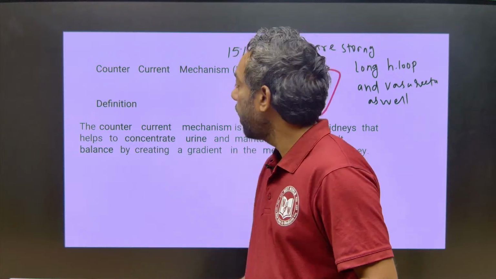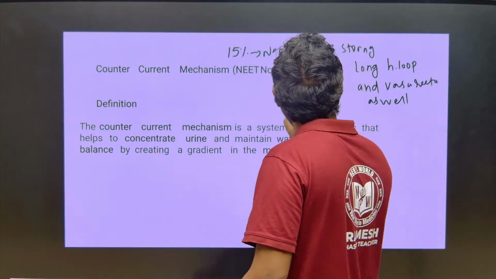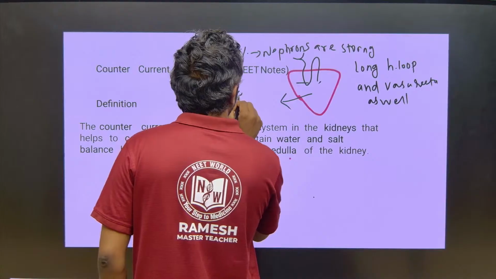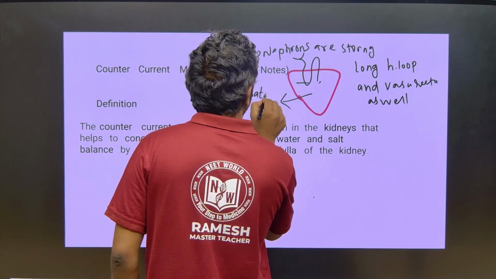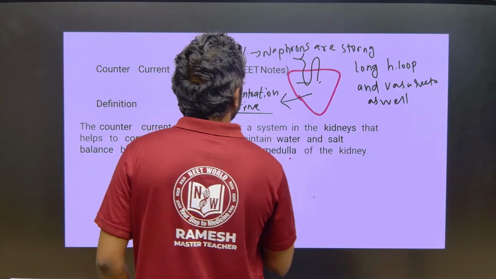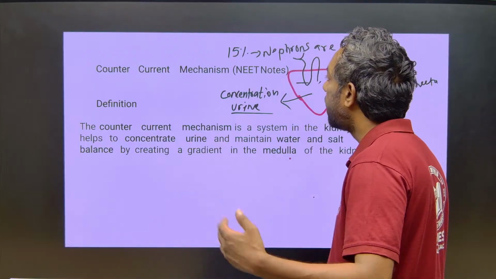This is the medullary part, which is useful for the concentration of urine. This is the mechanism we call the counter current mechanism.